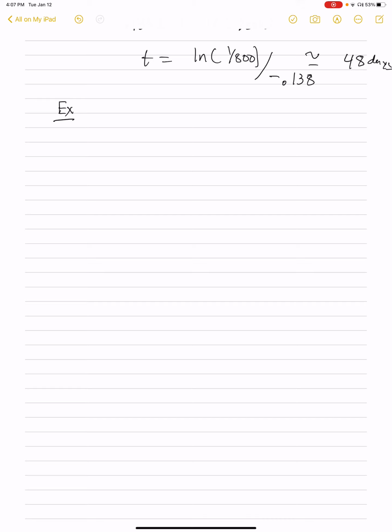And it says, if $1,000 is invested at 5% interest, compounded n times per year, how much money will you have after t years?